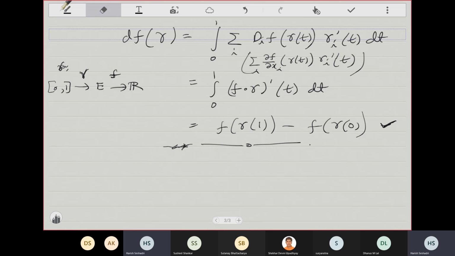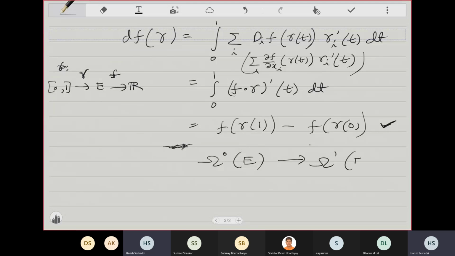Actually, I should mention one thing. This example is useful for the following reason. We know that if I start with zero forms, then this d operator gives me a one form.